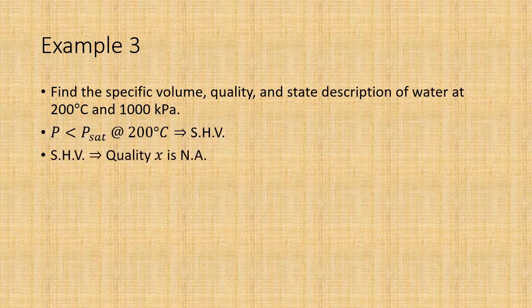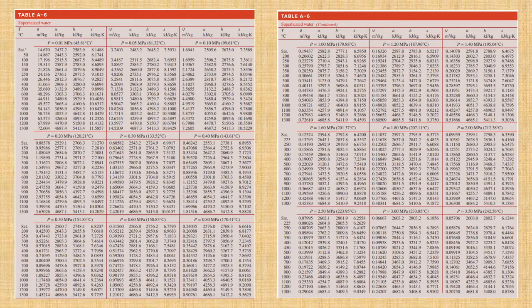All we need to find now is the specific volume. For that, we will need to go to the superheated water table. The box corresponding to our pressure value of 1000 kilopascals, which is equal to 1 megapascal, is on the second page of the table, right here.